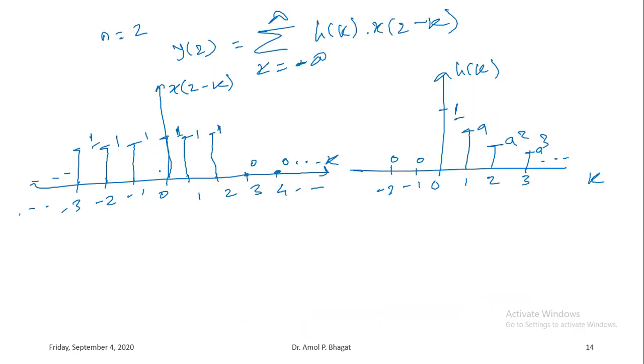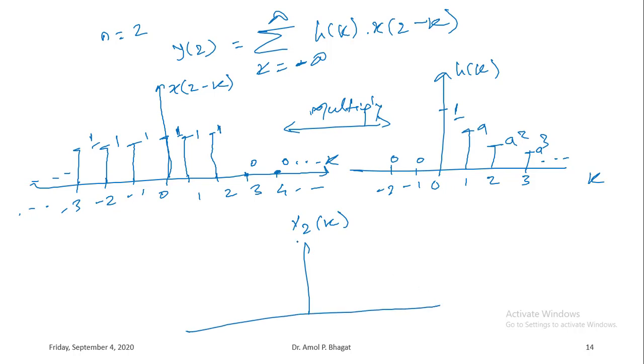Okay, so again I will be multiplying these values to get this sequence. It will be indicated as v2 of k, right, because I have taken n is equal to 2. So again at origin 1 is there, so the multiplication will be 1. At 1 it is a, at 1 it is 1, so the multiplication will be a.